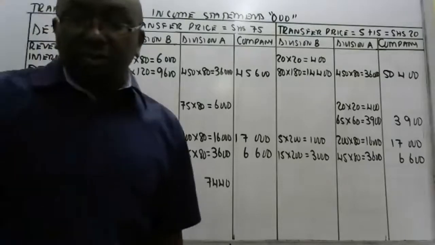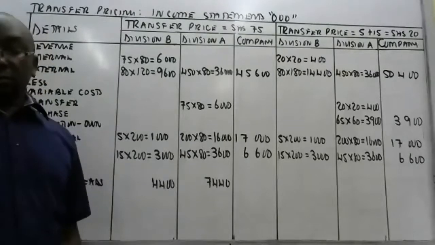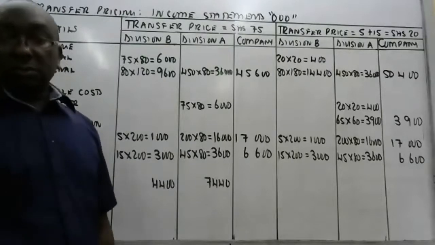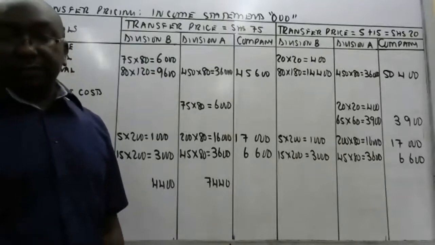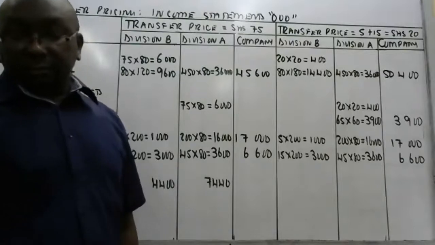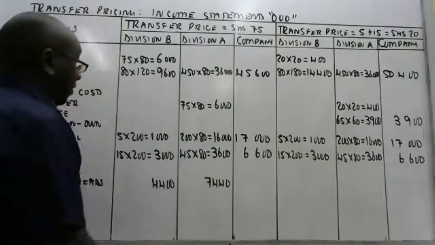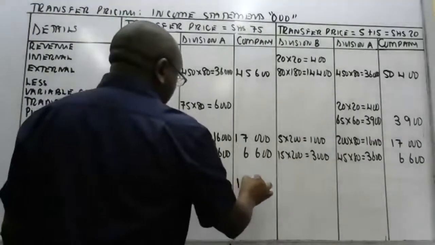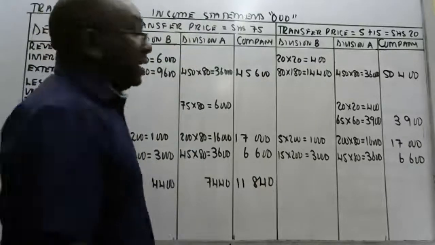When you add the two of them, what do you get? 11,840. So the same case applies even here.